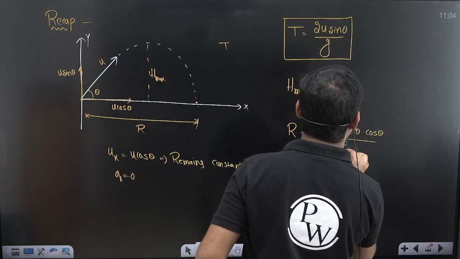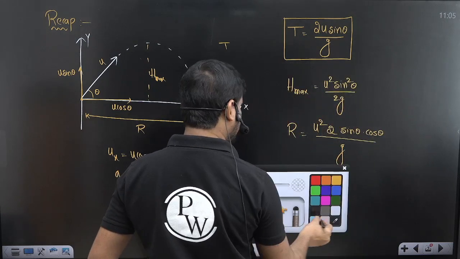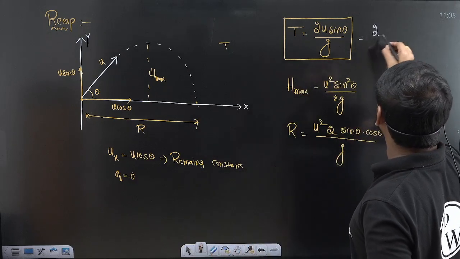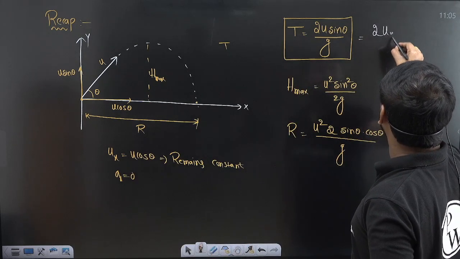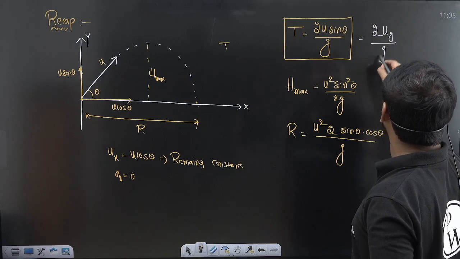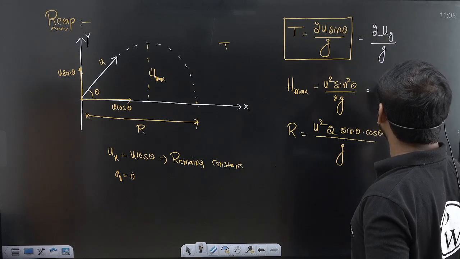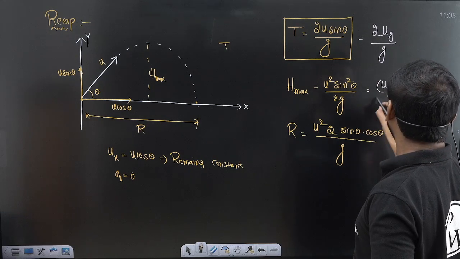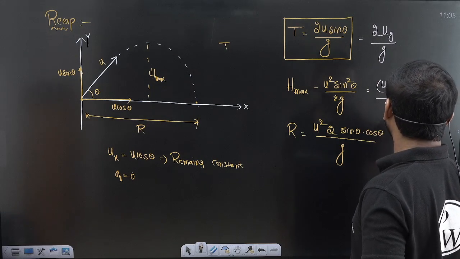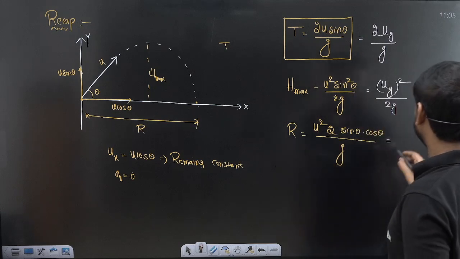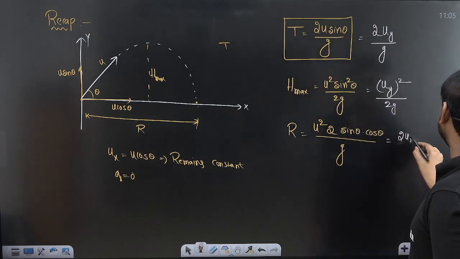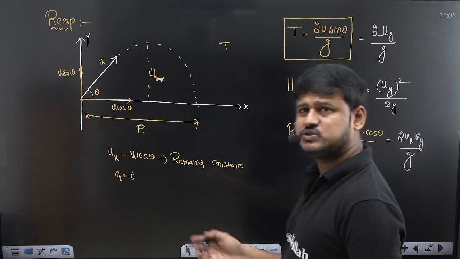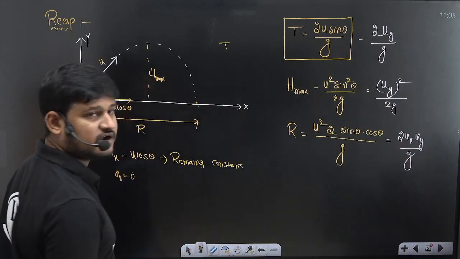These formulas can also be written in this form: 2 into uy by g, where u sin theta is the velocity in the y direction; then uy whole square by 2g; and then 2 into ux into uy by g. These are the simple formulas that you have to remember.